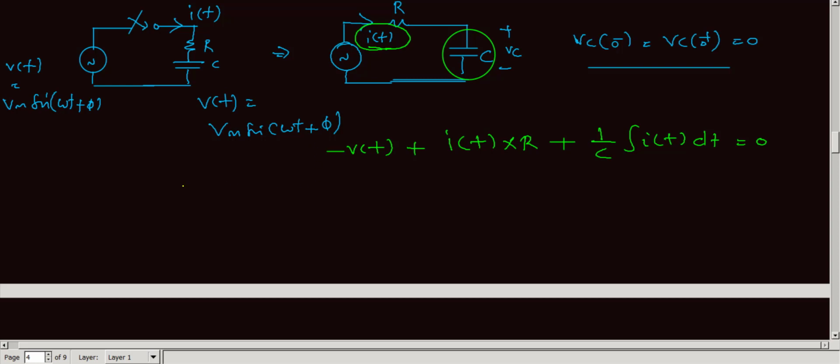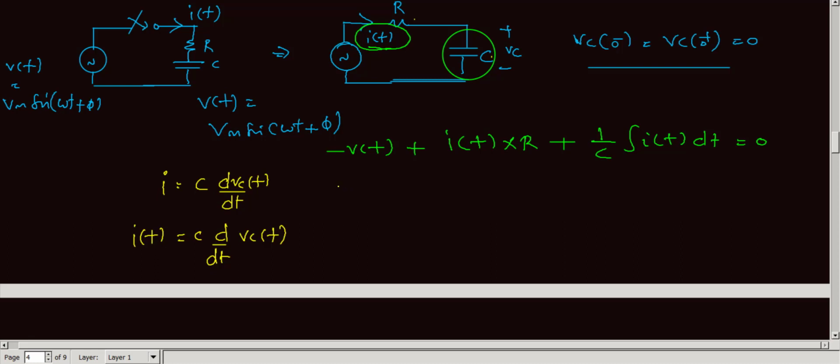So I can have the same relation: I equals C into dV by dt. The voltage across the capacitor is Vc of t, so I of t equals C into d by dt of Vc of t. Is anything wrong in that? Whatever current flows through the resistor flows through the capacitor, right?